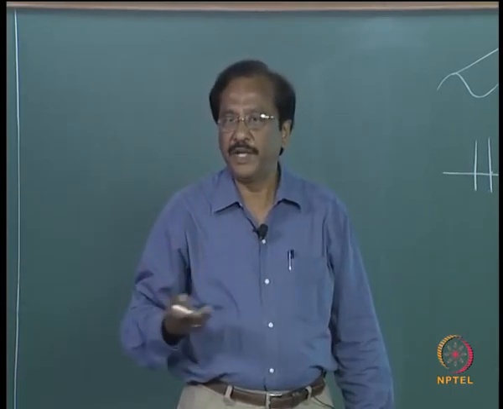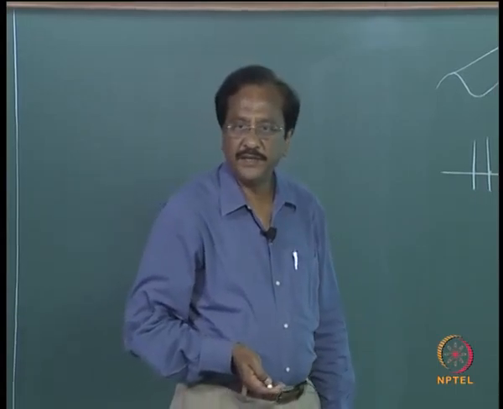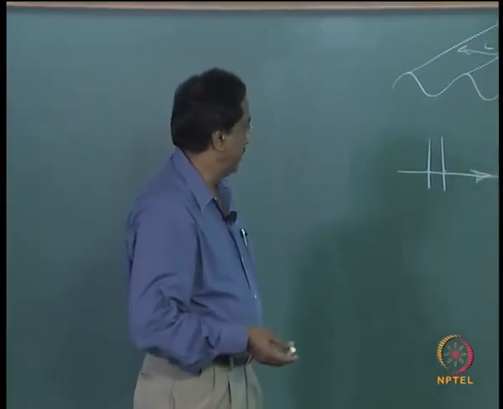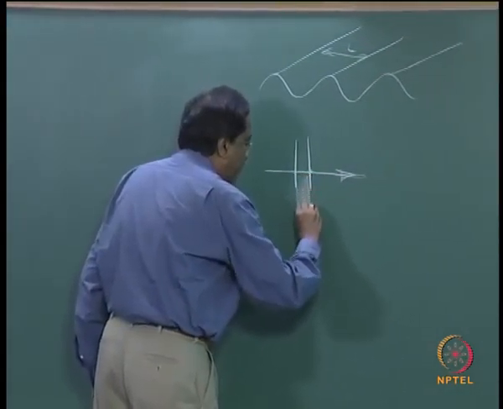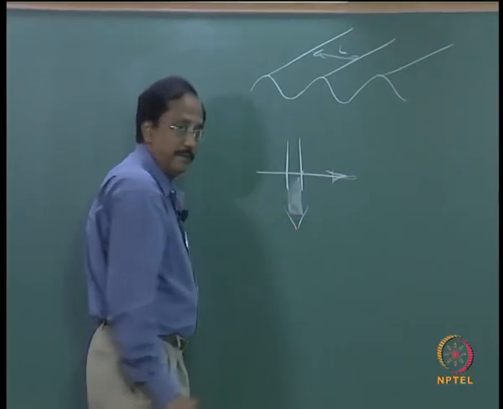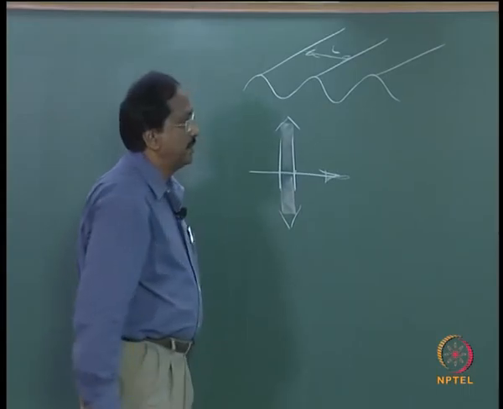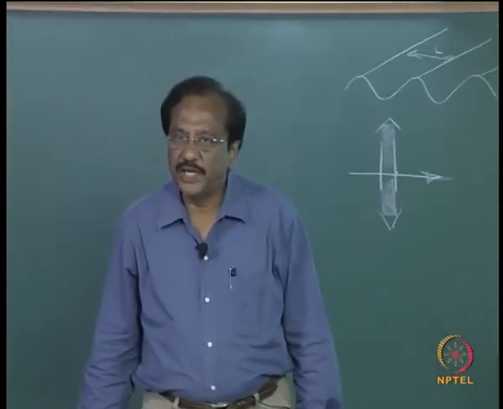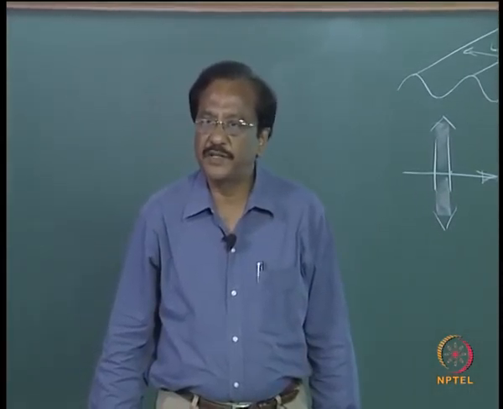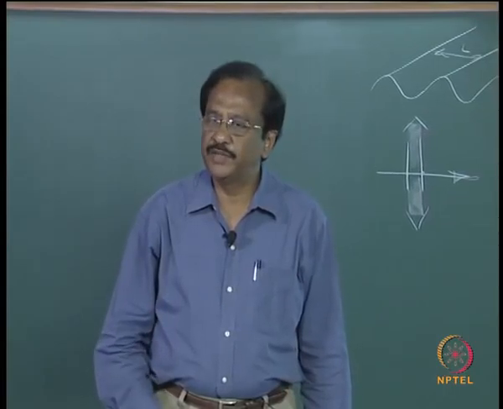But for some reasons there is a certain amount of energy which is transmitted in the lateral direction, then we call it lateral diffraction of wave energy. We will see about this later.